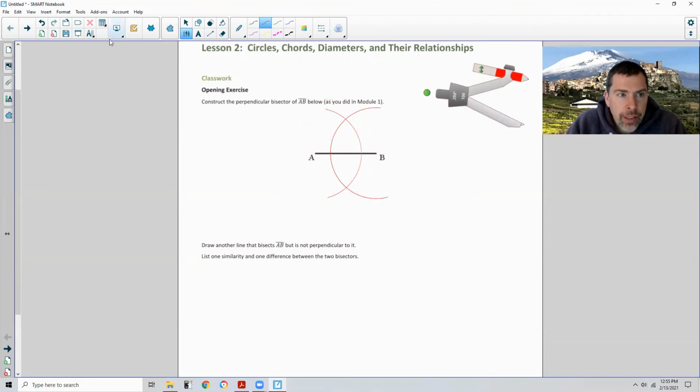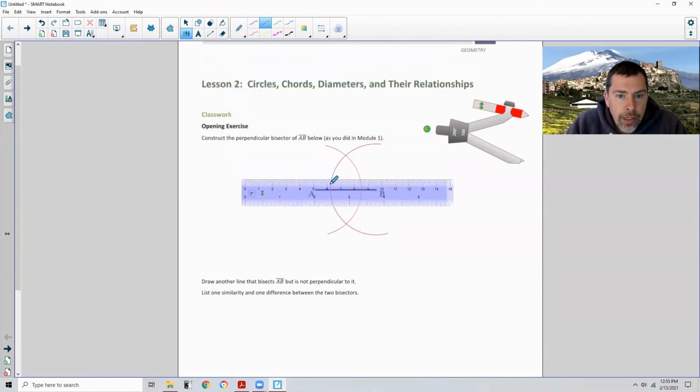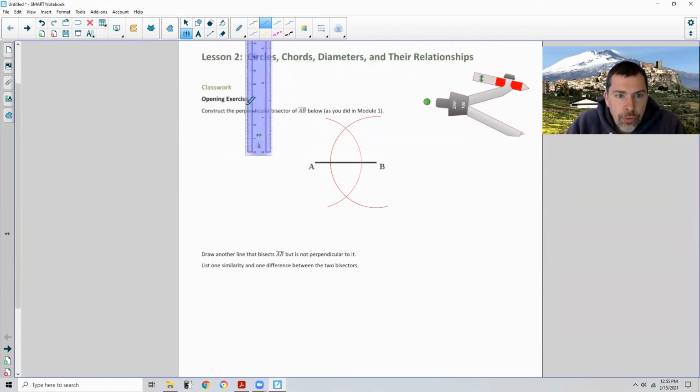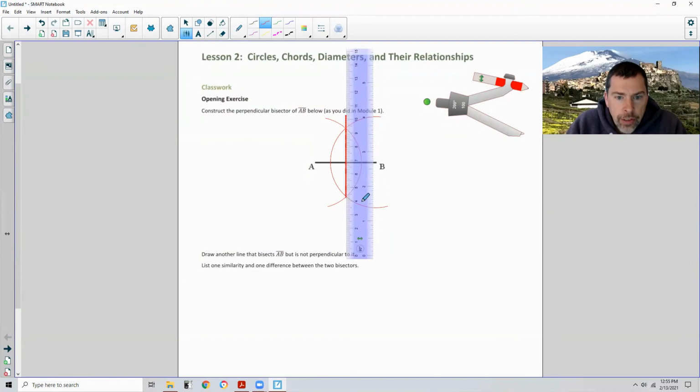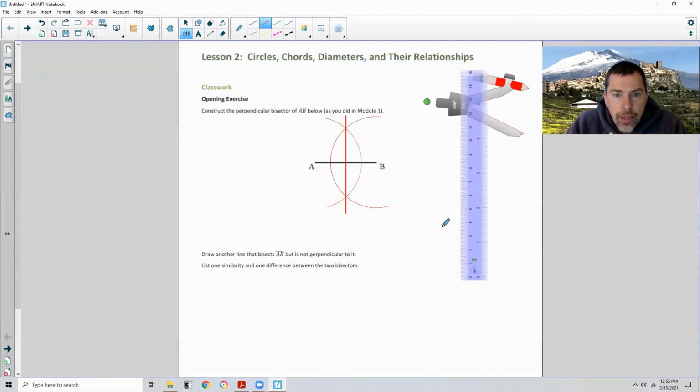So there it is. Then you get a ruler and you connect where the two arcs intersect. So lining this up like so and drawing a line down through, and there is a perpendicular bisector.